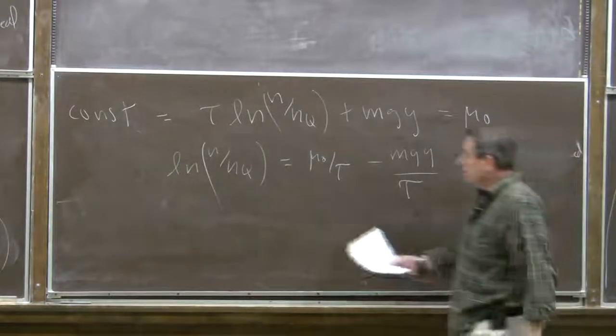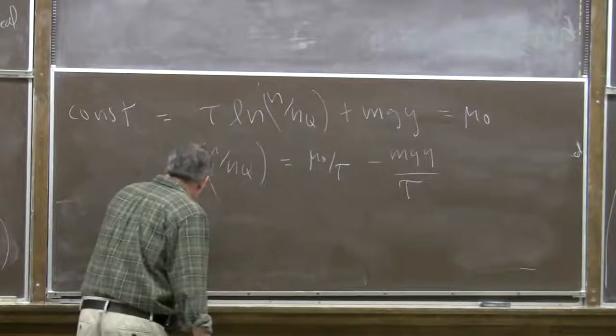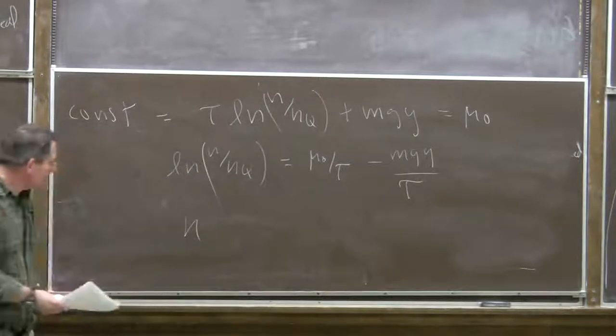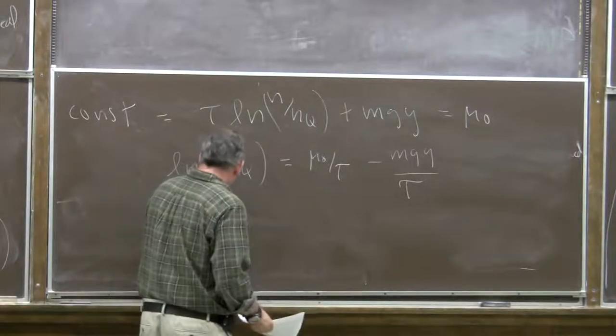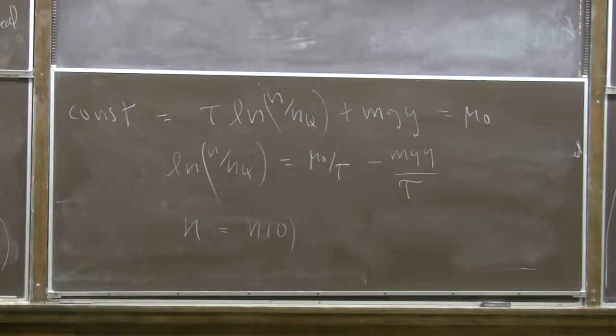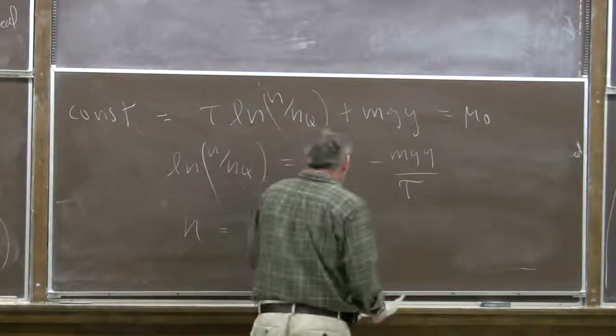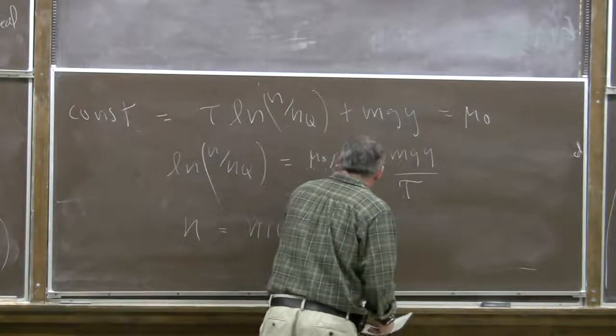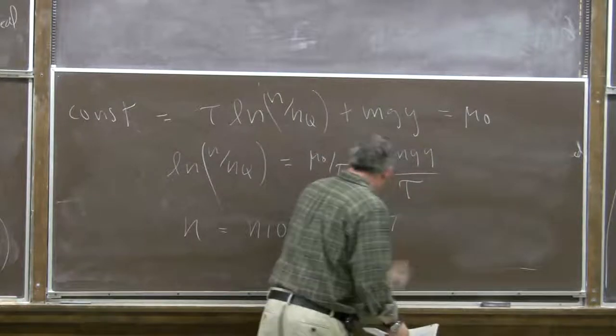And so the concentration will vary with the height y. Well, it'll be equal to its value at sea level, at the ground, times e to the minus mgy over tau.